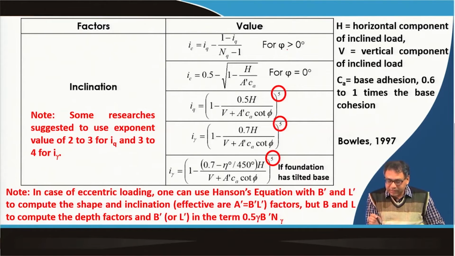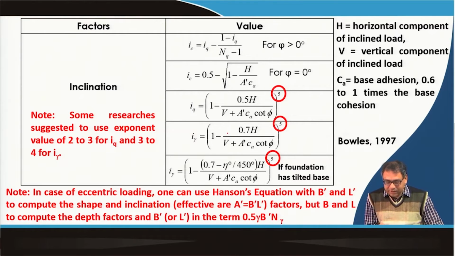And this is if phi is greater than 0 degree, and then IC will be this equation if phi is equal to 0 degree, where H is the horizontal component of the inclined load, because an inclined load has two components, one vertical and one horizontal. So, H is the horizontal component of the inclined load, and then IQ can be determined by using this expression, and I gamma also can be determined by these expressions, and here two I gamma equations are given.